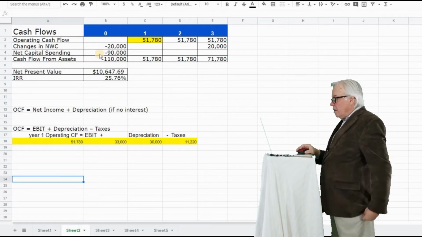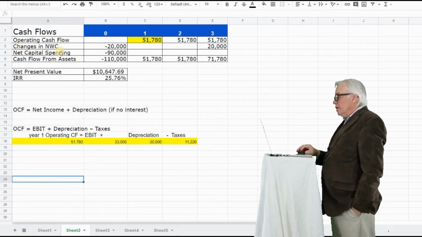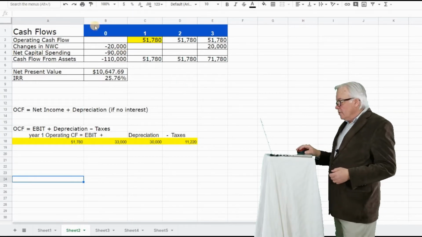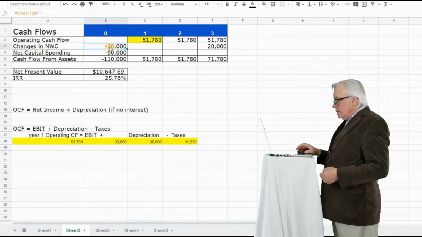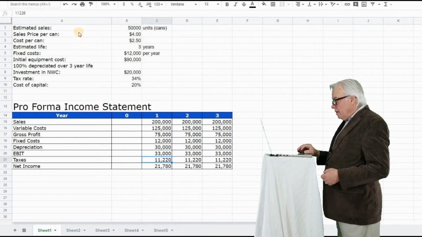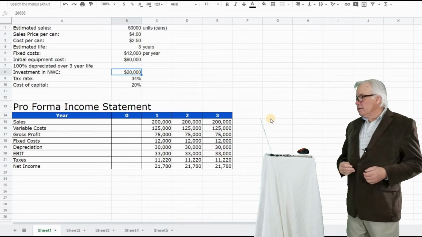So we've got operating cash flows. We've got changes in net working capital. Net working capital changes would be sheet 1, B8, which is $20,000. So that's the investment.